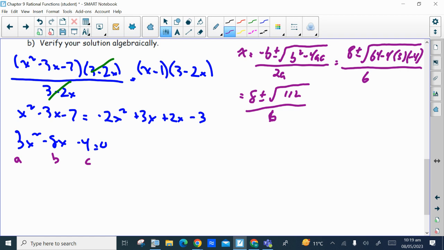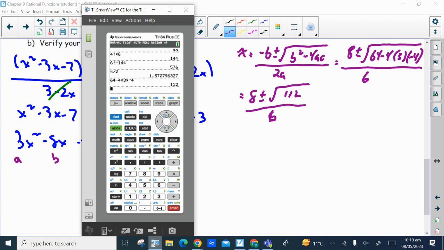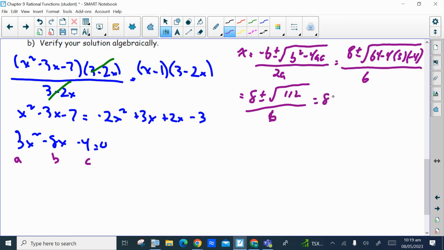You can break down root 112 because it's divisible by 4, which is a perfect square. Looks like it would also have been divisible by 16. Yeah, 16 times 7 will give you 112. So if you break this down to 8 plus or minus root 16 root 7, because the square root of 16 is 4, this allows you to divide all the terms by 2.